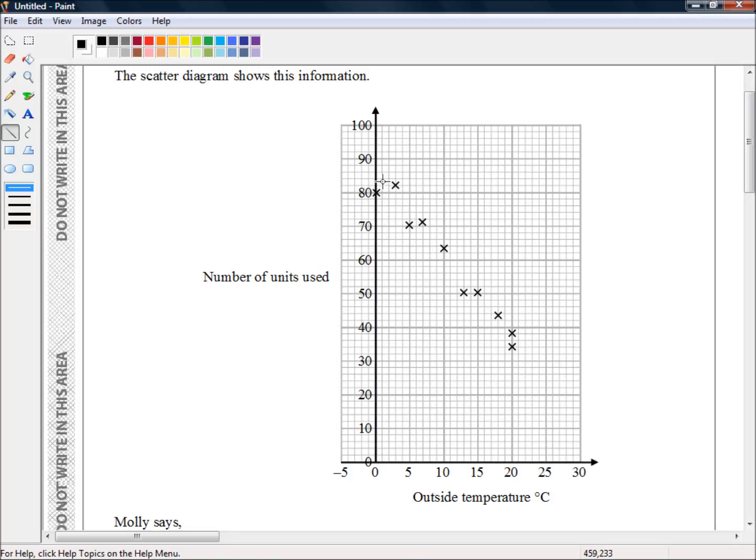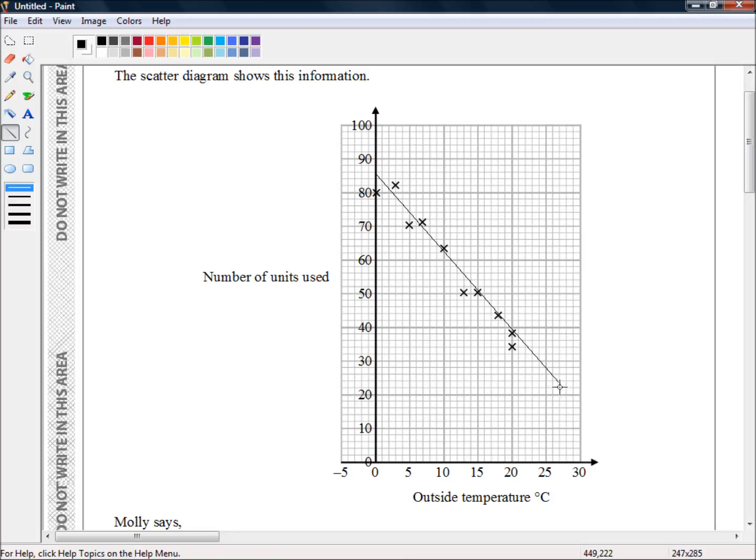I would think that we'd probably go somewhere around here, and we probably want to have something like this. I think this is about right. We might go a little bit here, maybe. Yeah, I'll have it about here, I think.